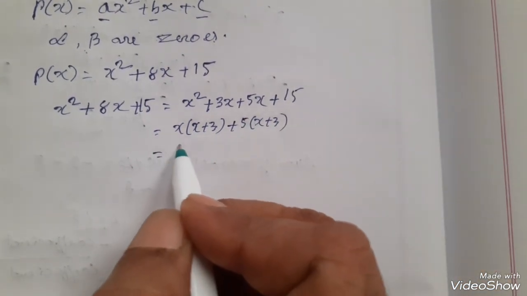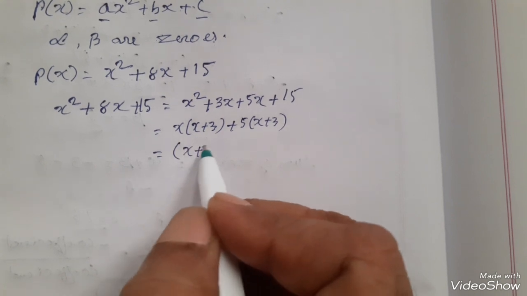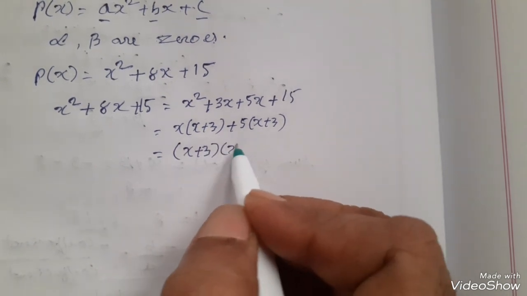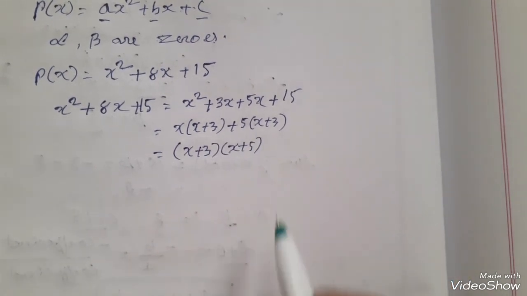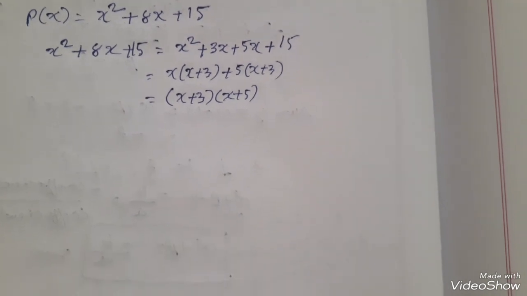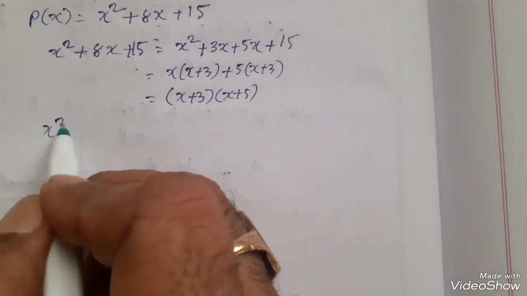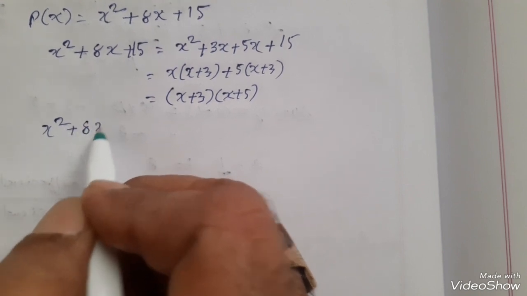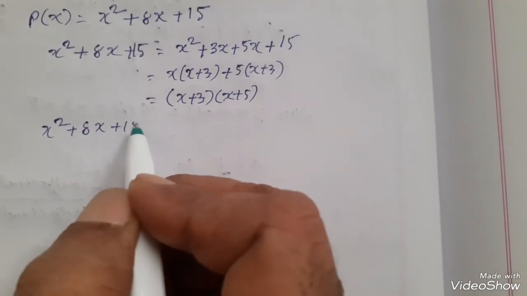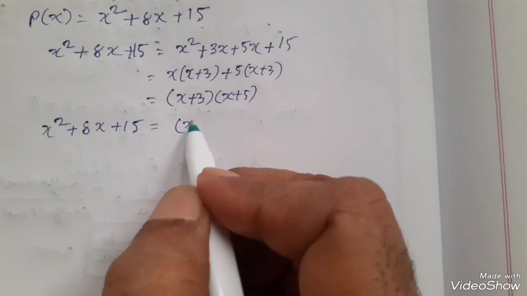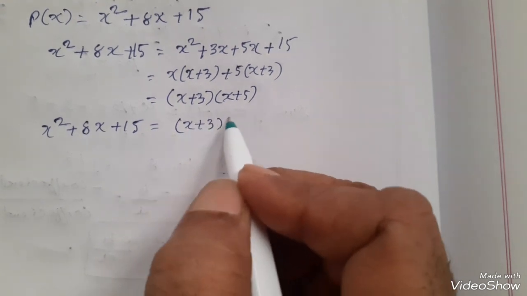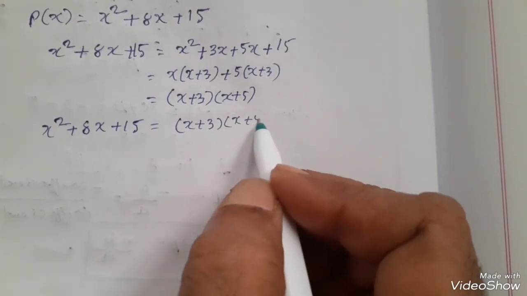Now the factors are (x plus 3) into (x plus 5). So the factors of x square plus 8x plus 15 are (x plus 3) into (x plus 5).